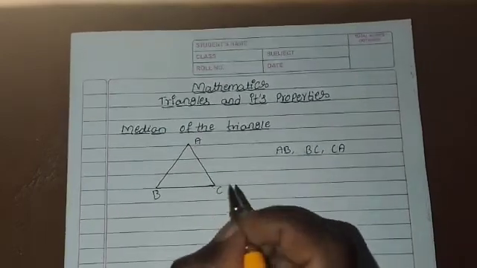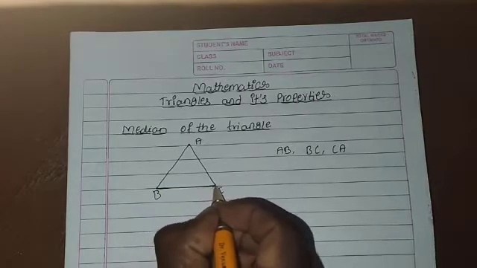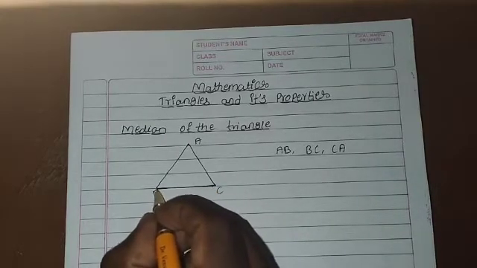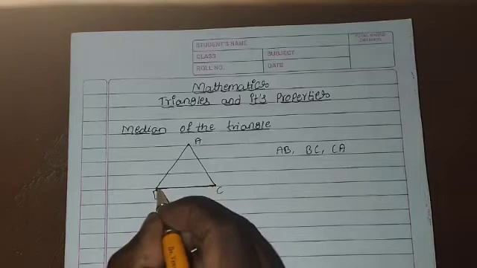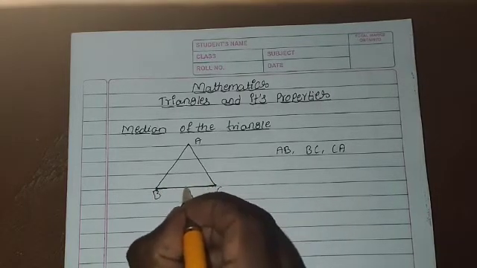If I take the side BC, the line segment joining the midpoint of that side means I take the midpoint of BC, here.